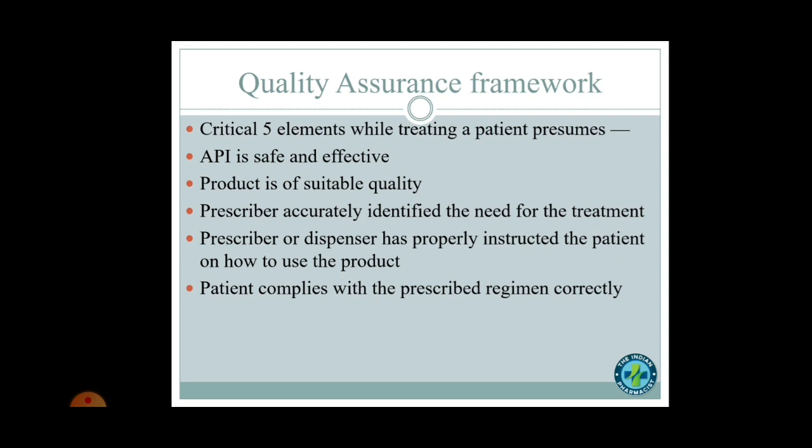The safety and effectiveness of an API may be established either through a review of historical usage, such as in the case of digoxin extracted from the foxglove plant, Digitalis purpurea, or through complex procedures established for new chemical entities such as those described by the International Conference on Harmonization of Technical Requirements for Registration of Pharmaceuticals for Human Use, that is, the ICH guidelines.